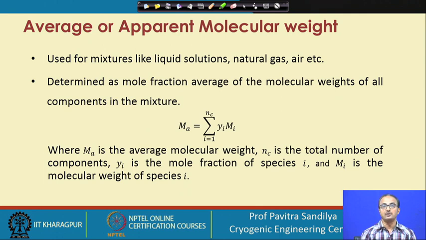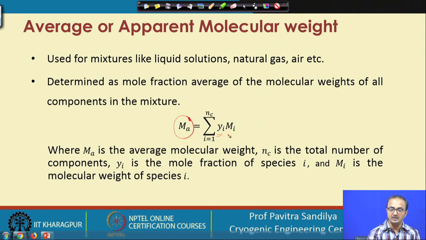Depending on the types of components, we will be having different apparent molecular weight of the natural gas, and this is determined by the following definition, that the average molecular weight, which is given by Ma, is taken as the mole fraction weighted average of the individual molecular masses.